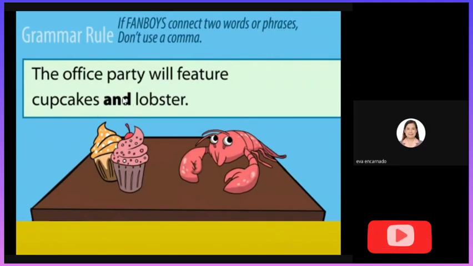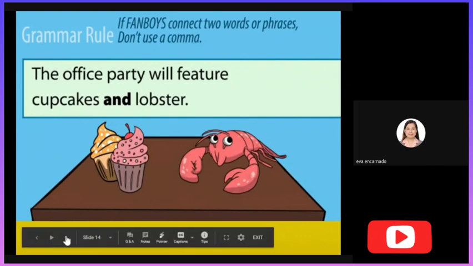The coordinating conjunction used in this sentence is the word and. We use and to connect the two words, the cupcakes and the lobster, right? So you don't need to put a comma because you only have two words.